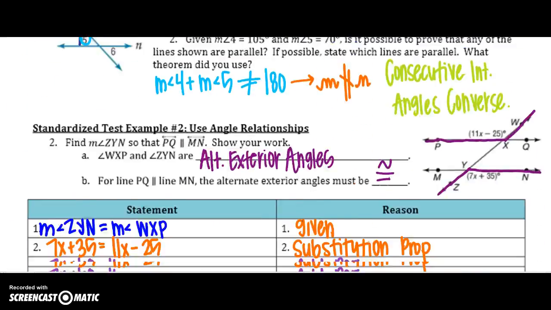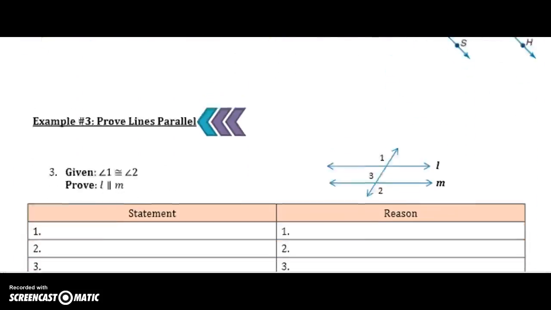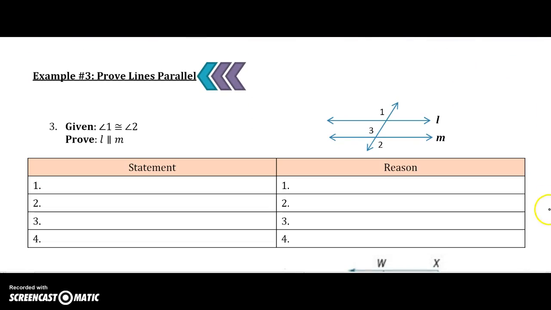So let's go to the back page of our notes since we've already done the others. So we have in our picture, we are given that angle 1 is congruent to angle 2. And we want to prove that line L and line M are parallel. All right, so remember, we always start out with our given information.